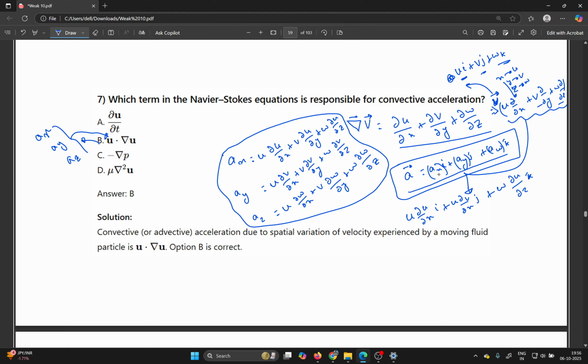You will come up with this ax, that is u del u by del x. Here you can see u del u by del x. Okay, we have written this. Now we will move on to the second one. We have multiplied with this. Now we will multiply with vj.